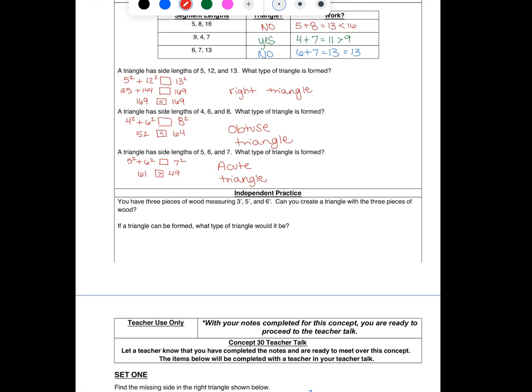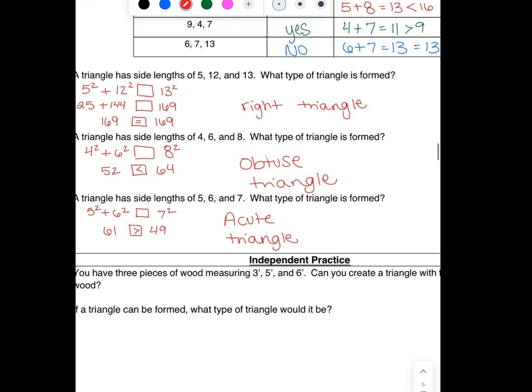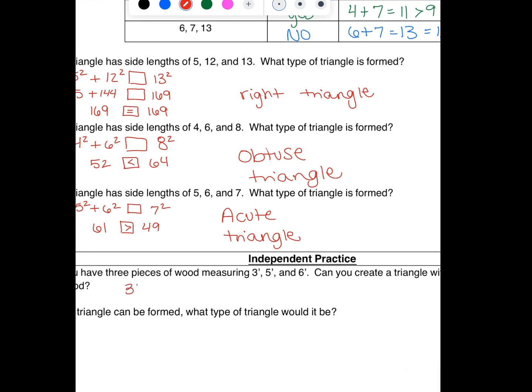For that, we use our first definition, that the sum of the two smallest lengths has to be greater than the third. So 3 plus 5 equals 8. That must be greater than our third length, which is 6. So yes, it forms a triangle.